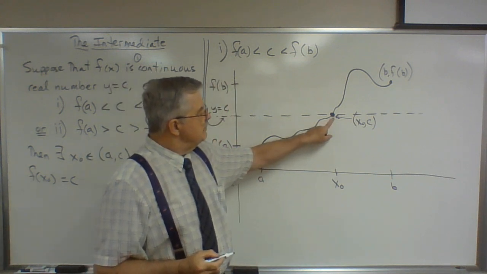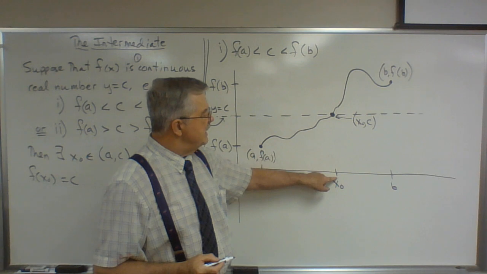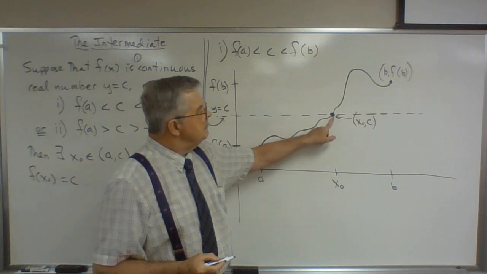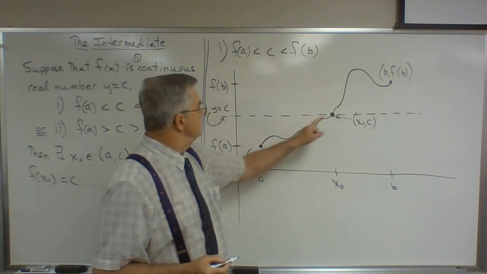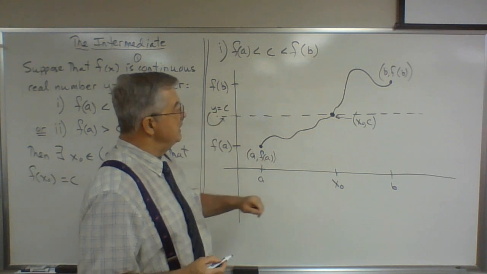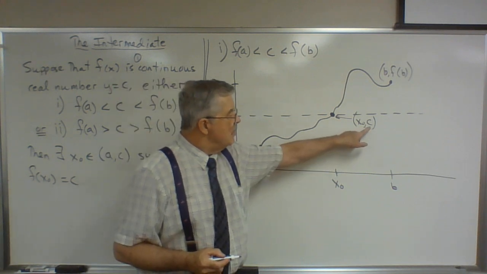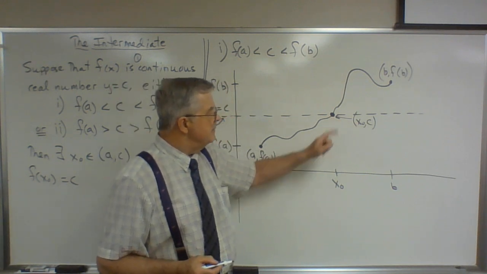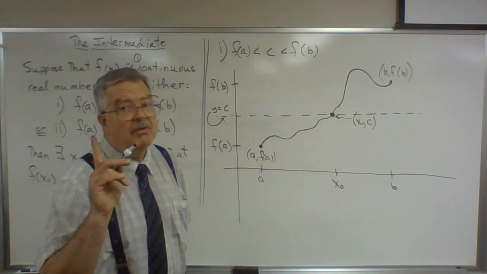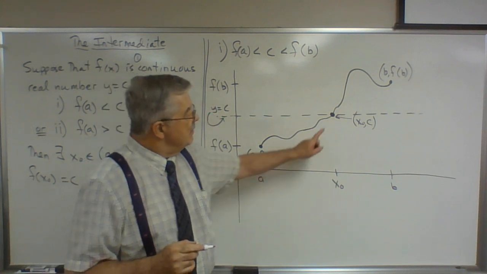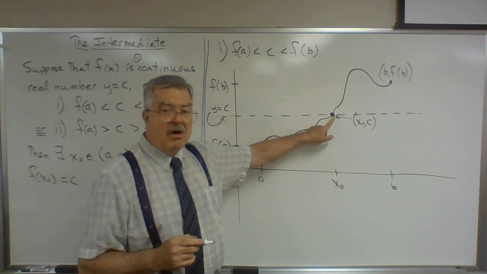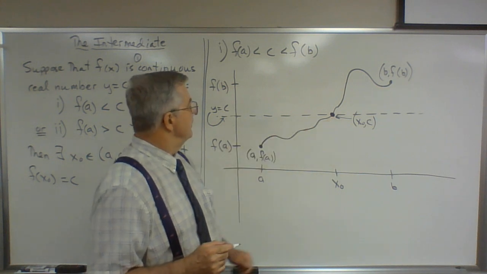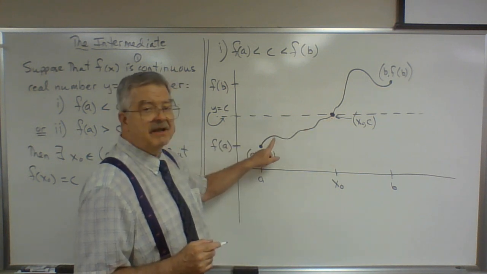Because this point has x coordinate x naught, and because this point is on the line y equals c, the y coordinate of this point is c. But hold the phone. This point is also on the graph y equals f of x.